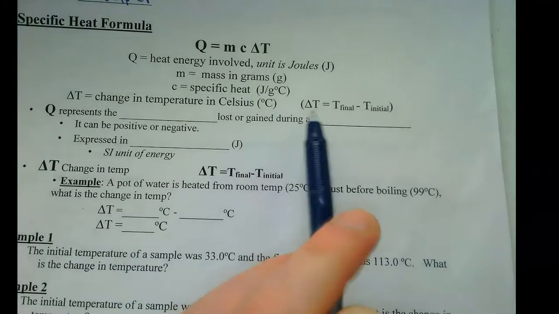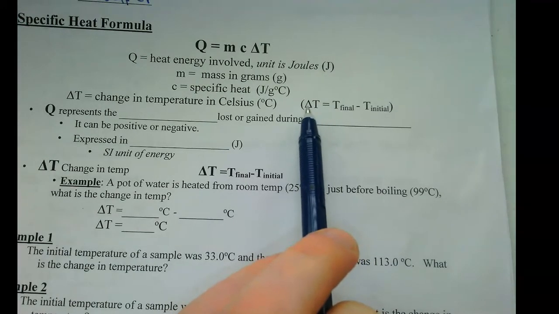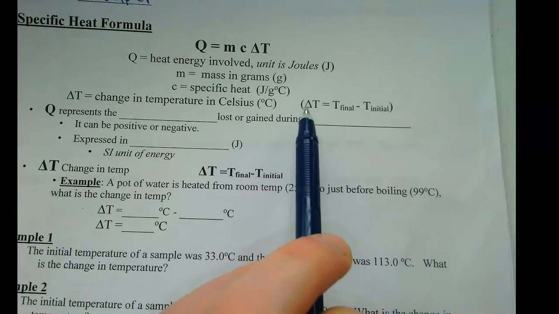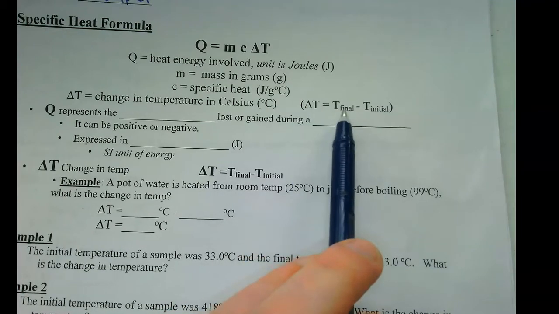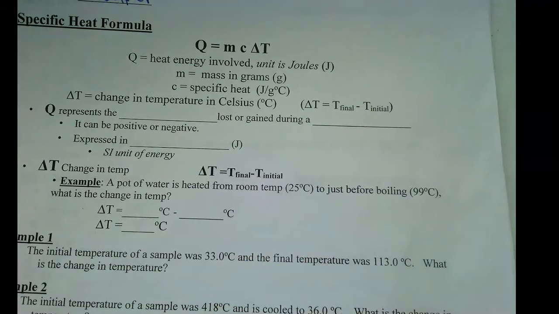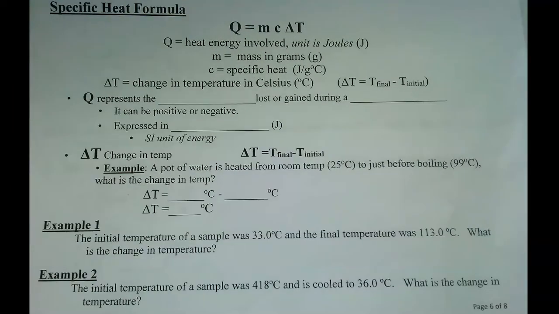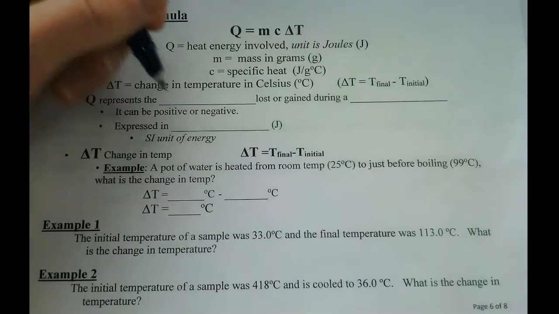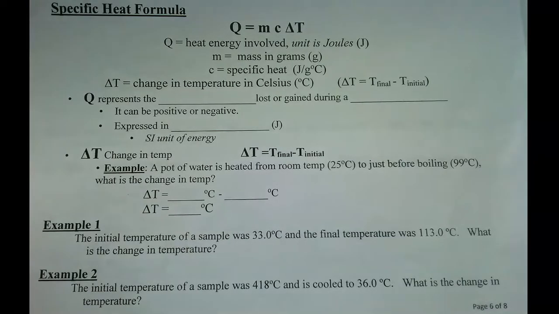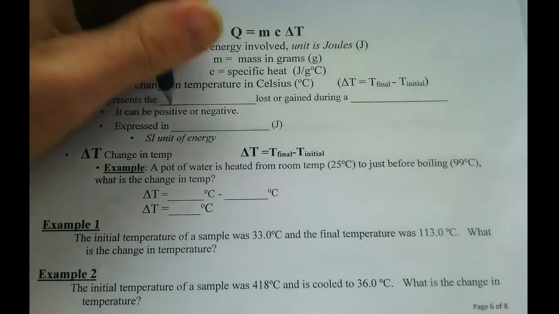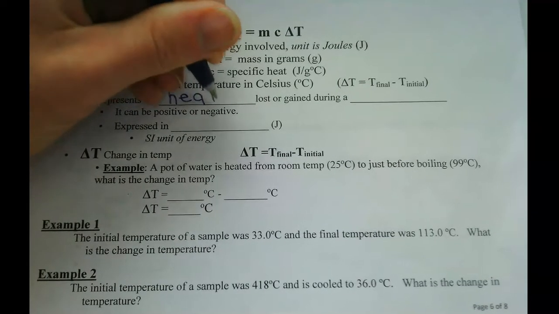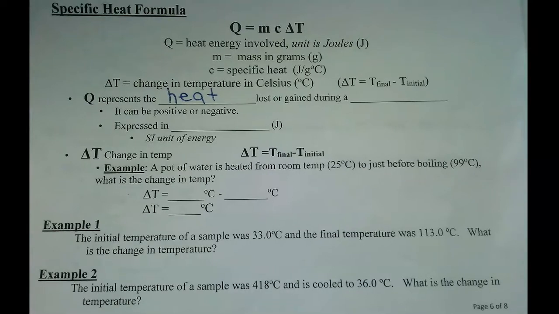Just like delta H, remember delta is a Greek symbol that typically represents change in, in science and math. So that would be our final minus initial. Q in our equation represents the heat lost or gained during a reaction.